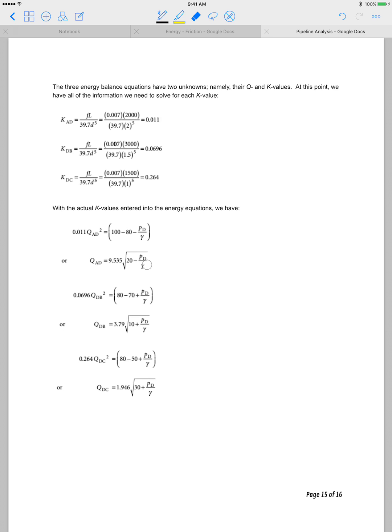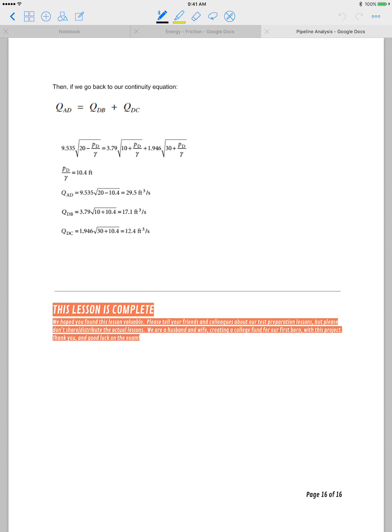Correct? But if we take these new equations and use the continuity equation of QAD equals QDB and QDC, then we can say that this value is equal to this value plus this value. And if we do that, we have essentially an equation that is a function of PD or the pressure head only.